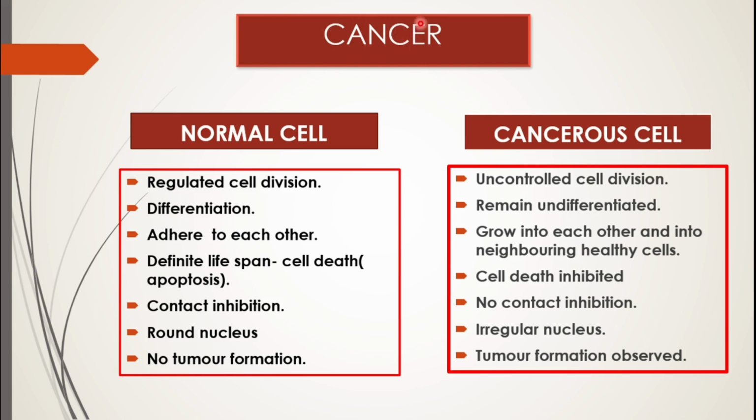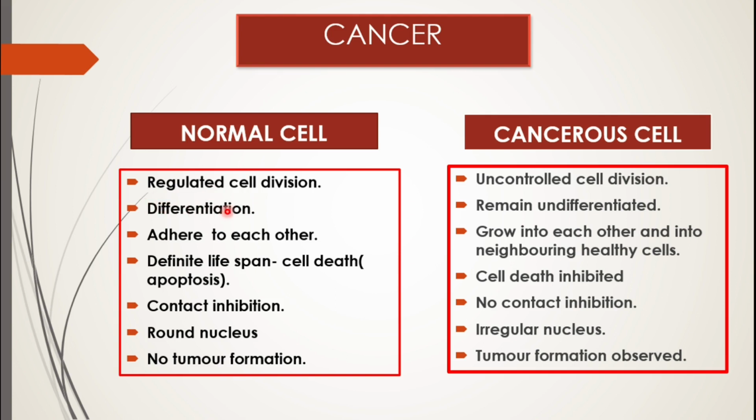Now, before we learn more about cancer, let us discuss the differences between a normal cell and a cancerous cell. What is the difference between these two categories? In a normal cell, there's a definite cell division. It is in a very regulated manner. You may have studied the cell cycle, and that cell cycle happens in a very regulated manner. Soon after the cell division, the cells are found to differentiate.